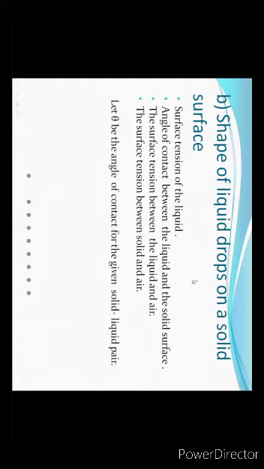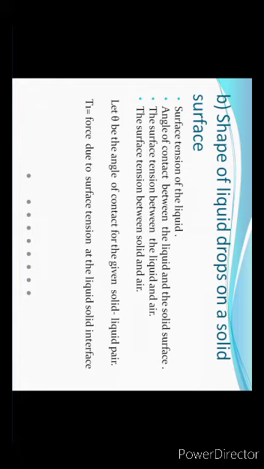Let theta be the angle of contact for the given solid liquid pair. T1 is a force due to surface tension of liquid-solid interface, where the liquid is touching the solid. Suppose you drop water on the floor. T1 is the surface tension between water and floor.